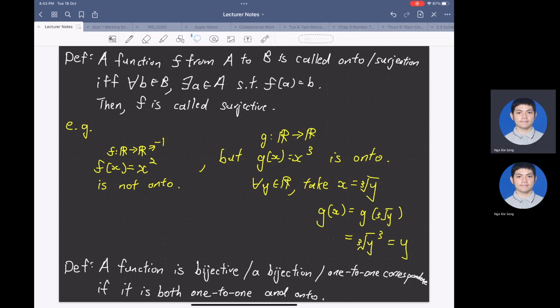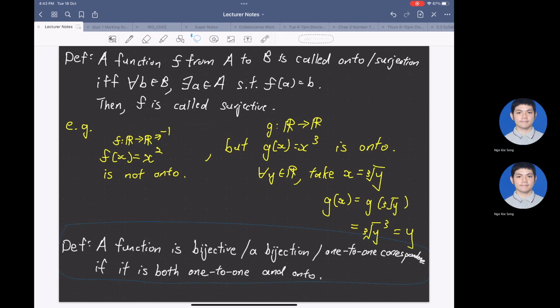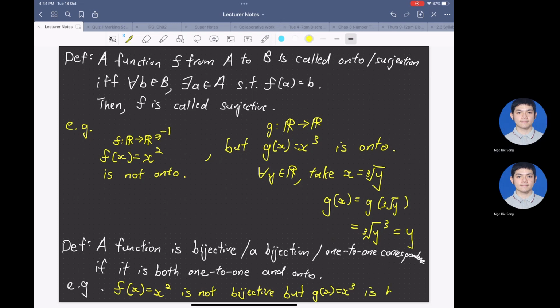So for example, we have this running example here. So f(x) equal to x squared is not bijective, but g(x) equal to x cubed is bijective.